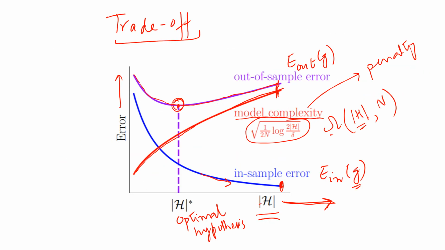Okay, so summarizing everything and putting things in perspective, what are the questions that we need to address? Now we have established that my E in of g is close enough to E out of g, right? That's all fine. But remember 2 slides earlier, we talked about E out of g.